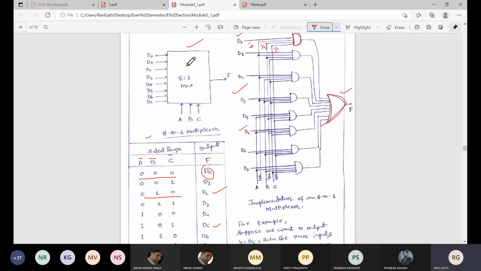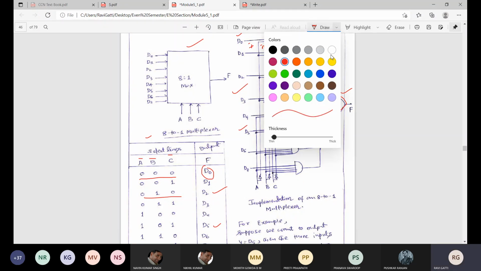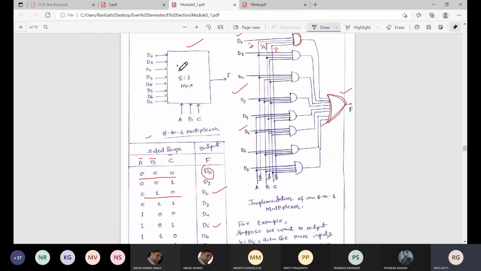Generally it will be 2 power n is to 1, and the select lines will be n. Please make a note of it fast.